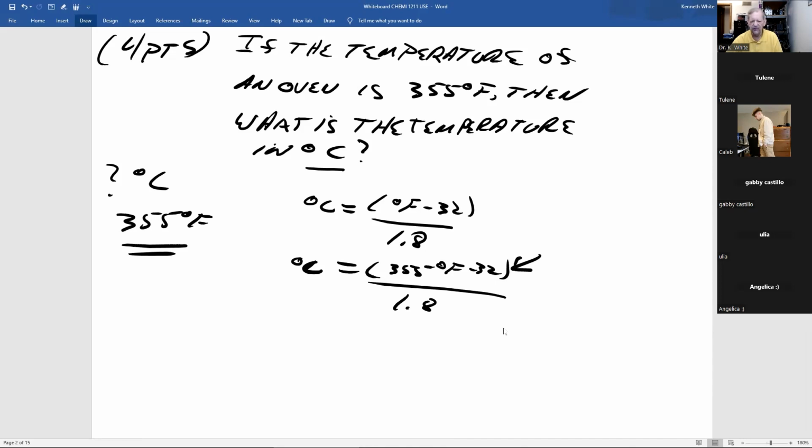Remember, do the subtraction first. That's a mistake students make. They divide each one of those by 1.8 and then do the subtraction. Wrong.